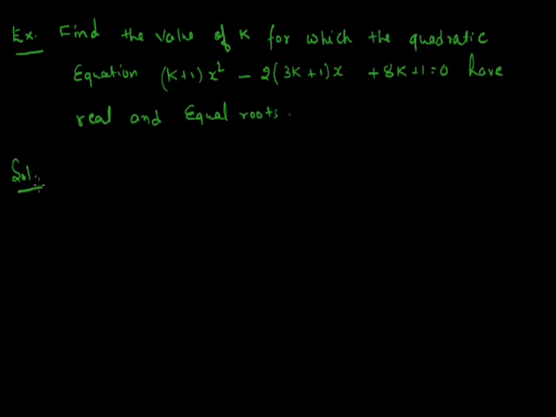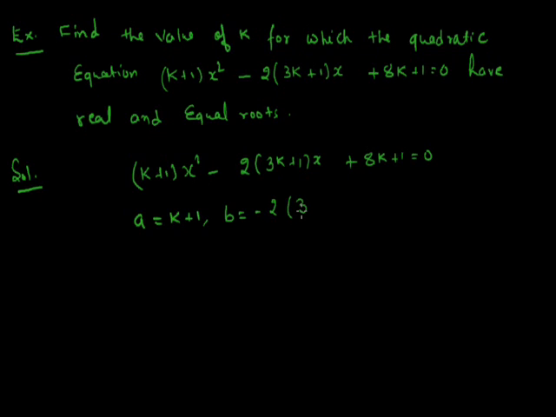Now solution. Now equation is (k plus 1) multiplied by x square minus 2(3k plus 1) multiplied by x plus (8k plus 1) equal to 0. Now if we compare by the quadratic equation ax square plus bx plus c equal to 0, then a will be equal to k plus 1, b will be equal to minus 2 multiplied by (3k plus 1) and c will be equal to 8k plus 1.